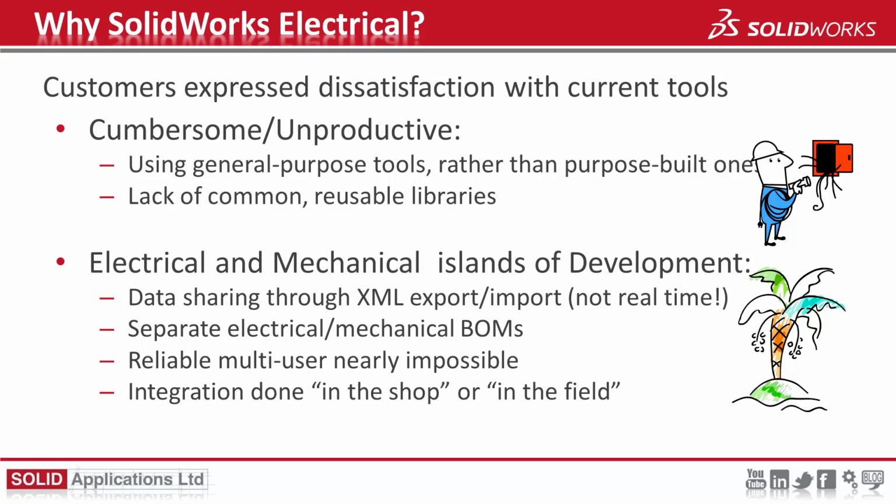As we explored these issues, we learned that many of these errors were a result of poor collaboration capabilities of the existing systems. Some contributors to this poor collaboration were dependence on things like XML exports, which are not automatic, no real-time updates to team members, and a lot of integration, such as cable routing, being done in the field rather than in the design process.